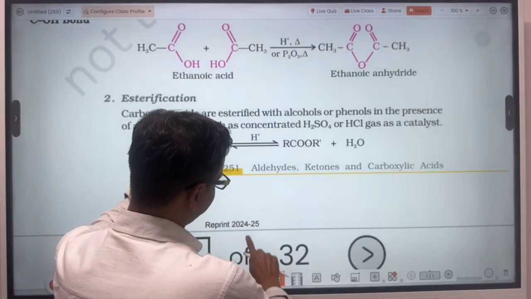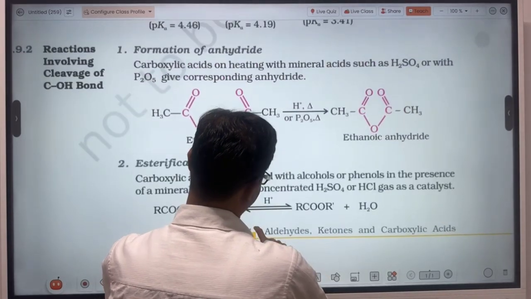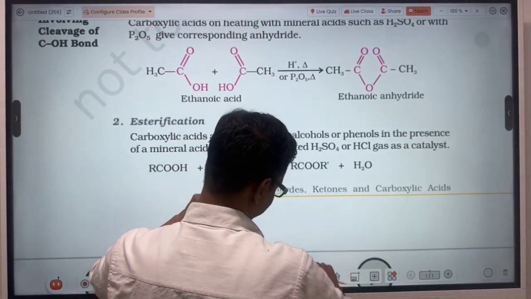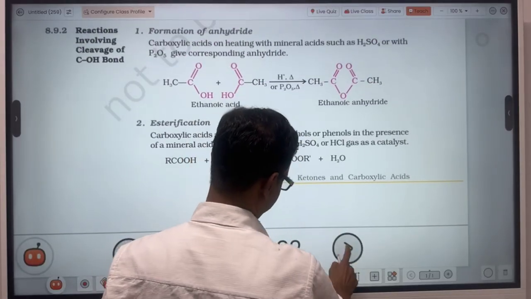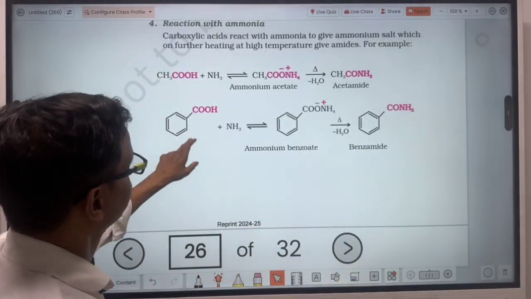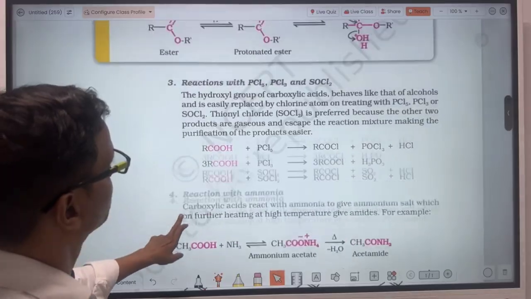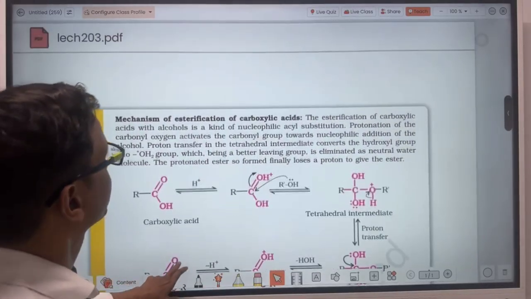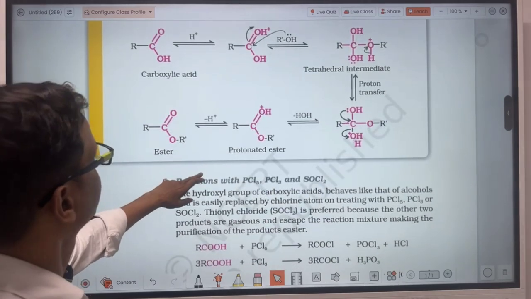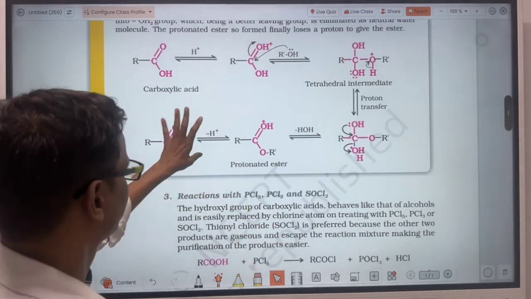How we write the IUPAC name of the ester? That's your homework. Who is the sincere students who really wants to crack the IIT examination or to score the full marks in the 12th board examination will definitely do the homework, which I am telling you. These questions very easy.